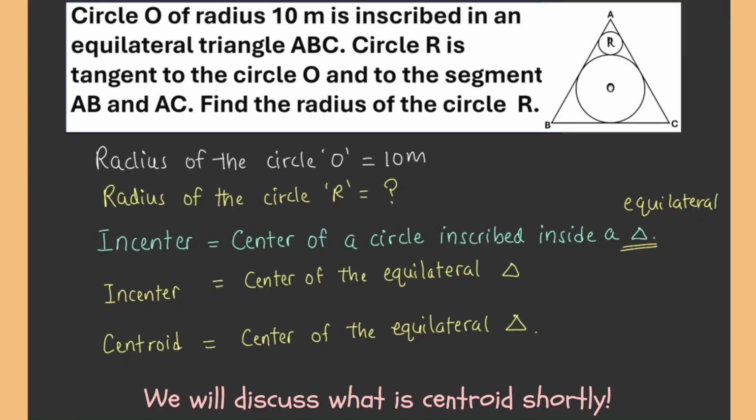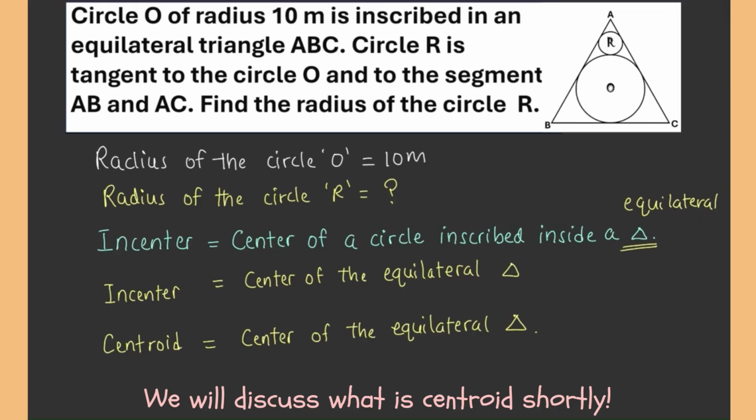We're given a circle O that is inscribed inside an equilateral triangle. That means the center of the circle is going to be equal to the center of the equilateral triangle. That is a basic property of geometry. And since it is an equilateral triangle, the centroid of the triangle is equal to the center of the triangle.